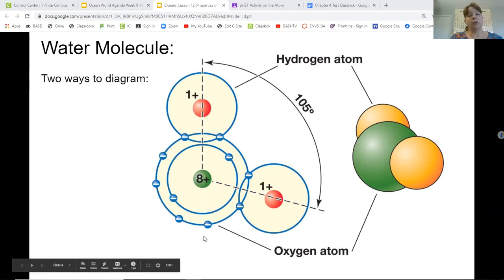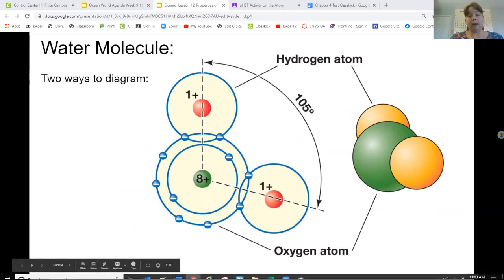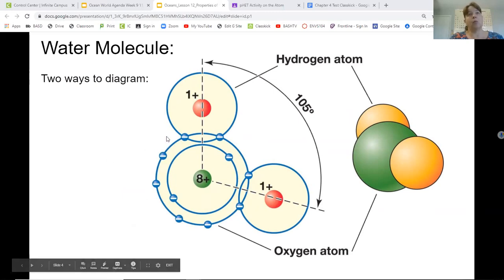So this is what results in a bent shape. And we'll talk again about why this happens, but the resulting angle is about 105 degrees. You don't need to know this, but you do need to know that it is not a straight line. It is this bent shape or this angle that gives water a special type of chemical bond called the hydrogen bond.